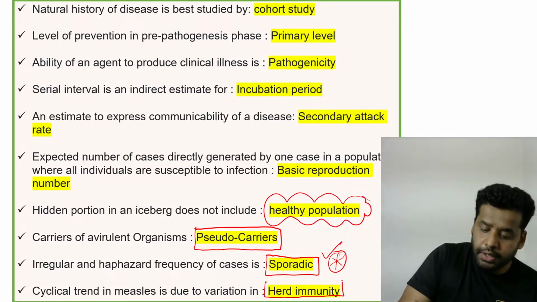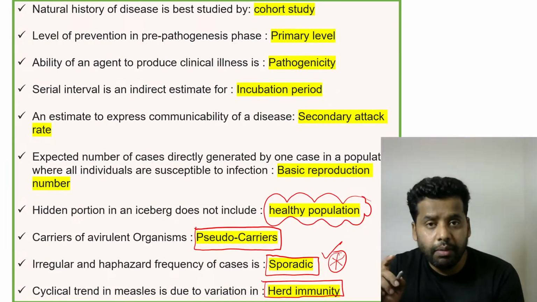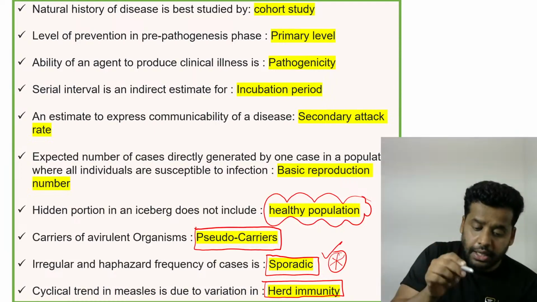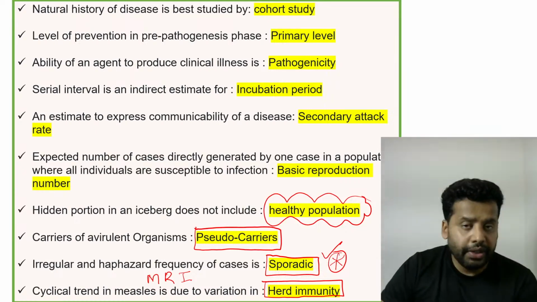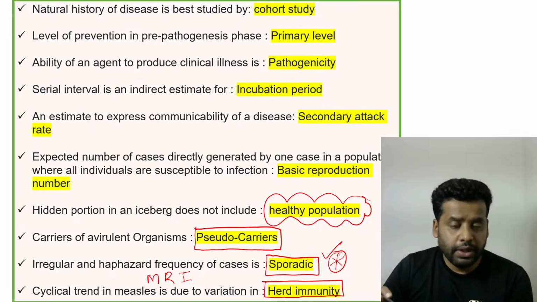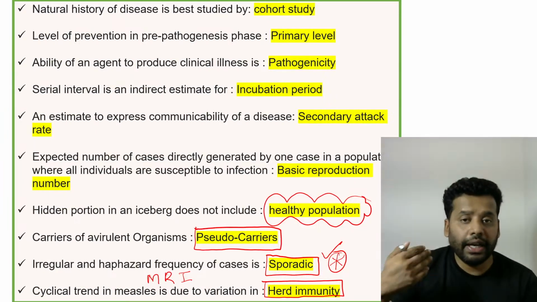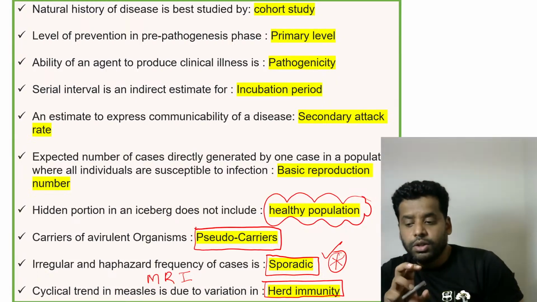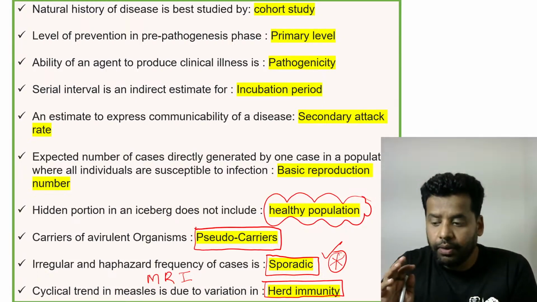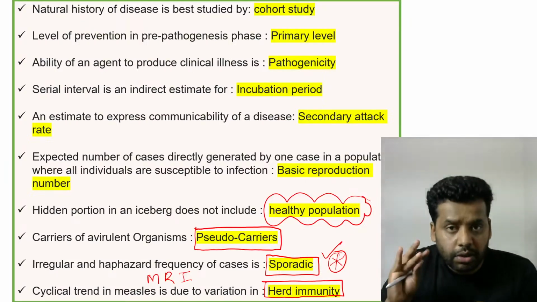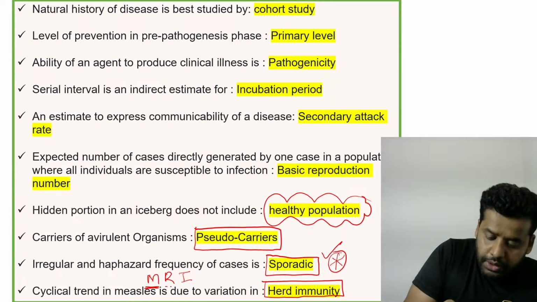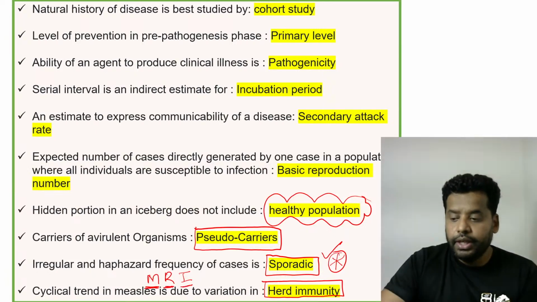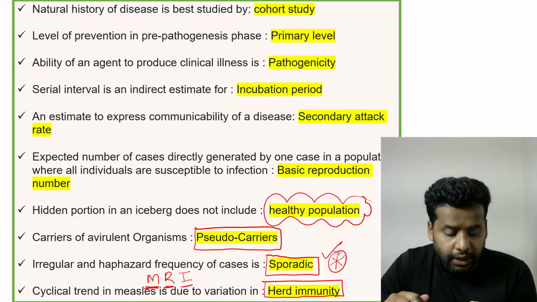Cyclical variations in measles are due to herd immunity changes. There are three things, MRI: measles, rubella, influenza. Three diseases which show cyclical trend.